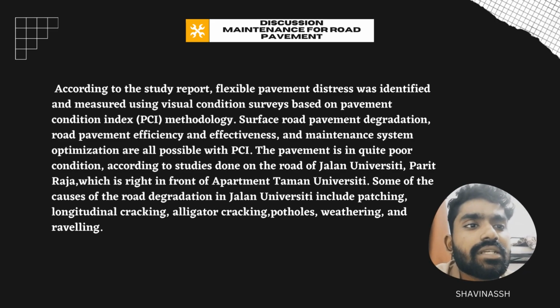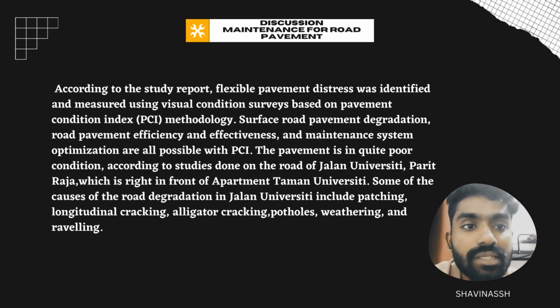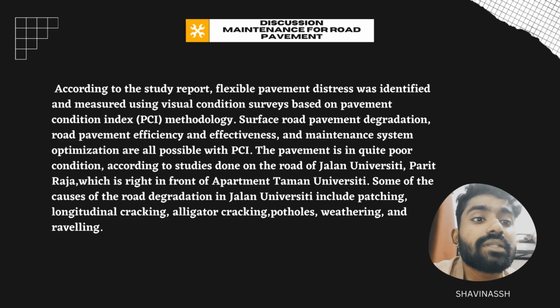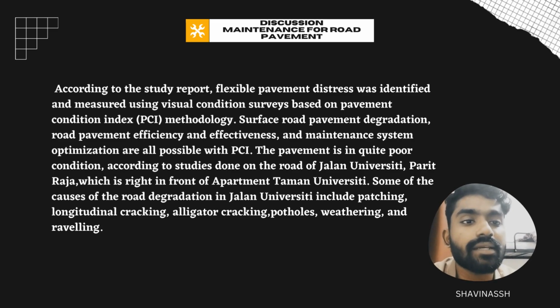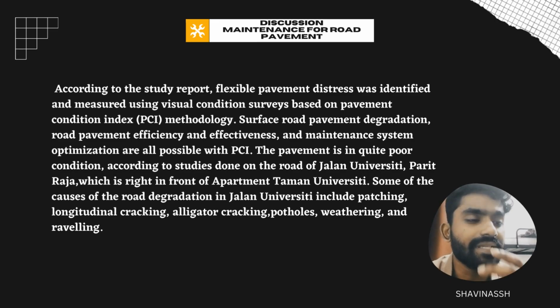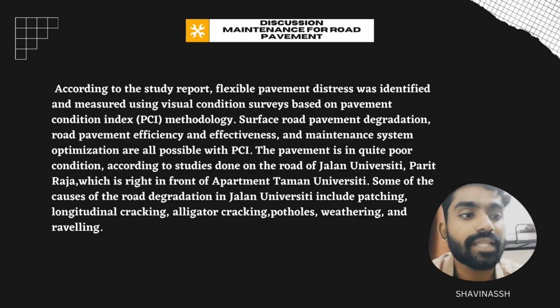The pavement is in quite poor condition according to the studies done on the road of Jalan University Pahit Raja, which is right in front of the apartment Taman University. Some of the causes of the road degradation in Jalan University include patching, longitudinal cracking, alligator cracking, potholes, weathering and raveling. So we are going to take a deeper insight on the problems and how to solve them in the next few slides. Thank you.